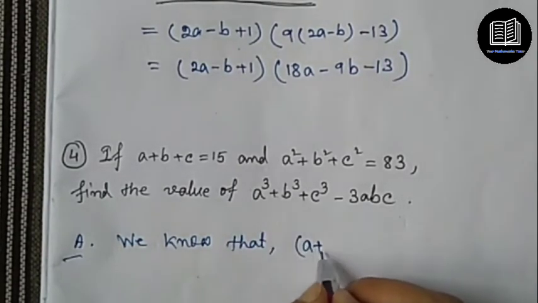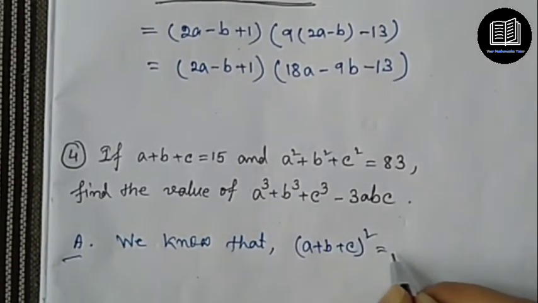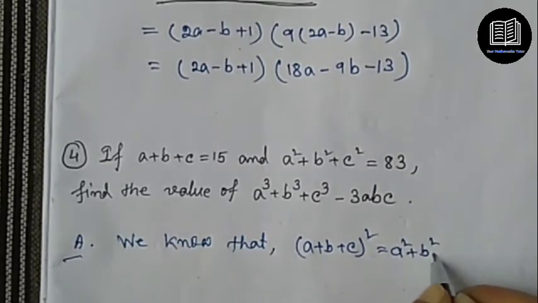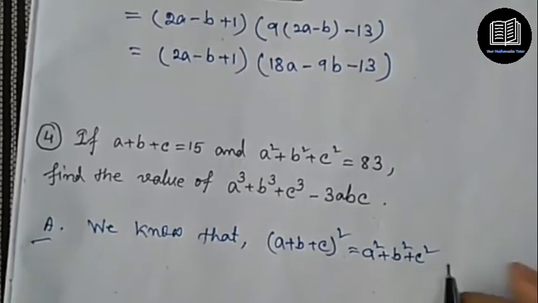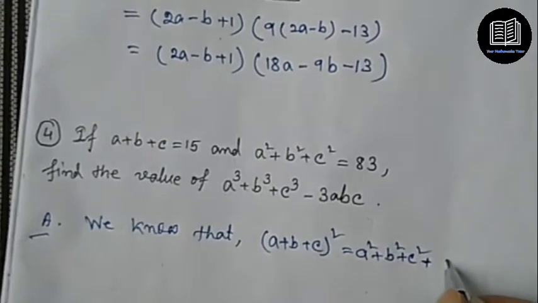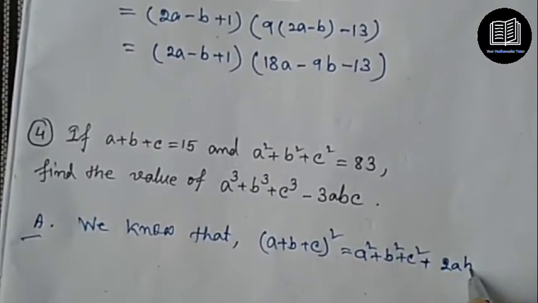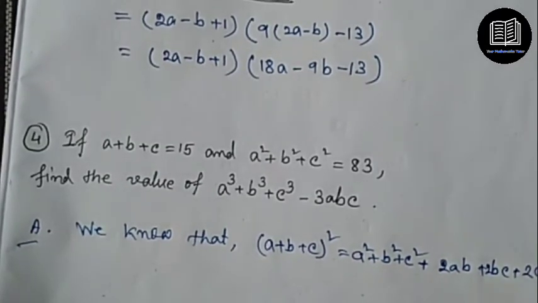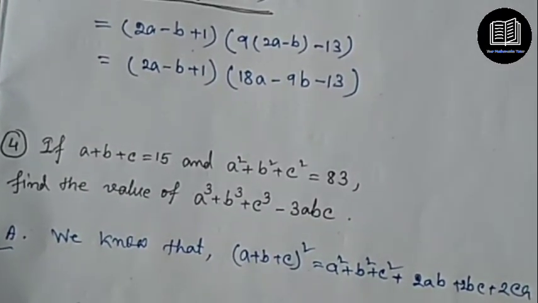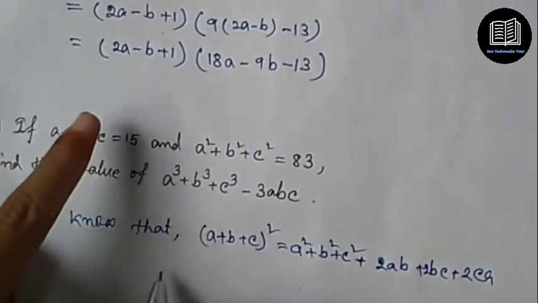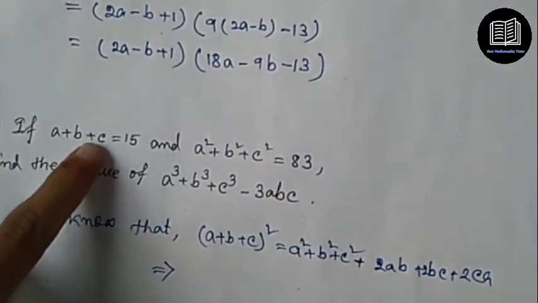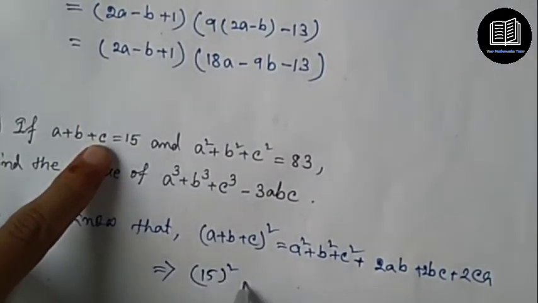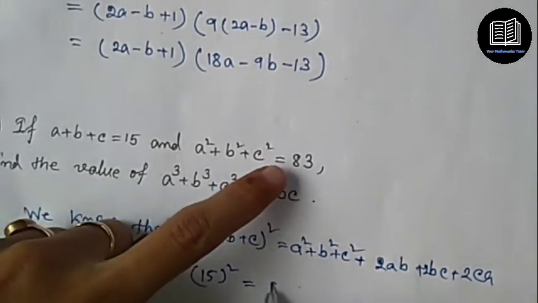A plus b plus c whole square equals to a square plus b square plus c square plus 2ab plus 2bc plus 2ca. Now see, we know the value of this is 15 and this is 83.